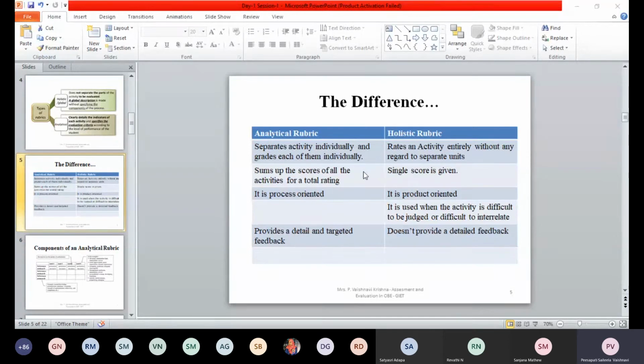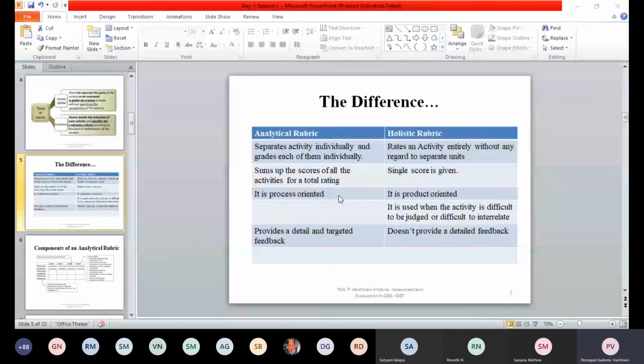Coming to the scoring, as we are breaking this into individual parts, all of them will be summed up to give the total score in the analytical rubric. Here in the holistic rubric you don't have so many parts, so a single score or a single word of description speaks about your holistic rubric. Analytical rubric is process oriented and holistic rubric is product oriented.